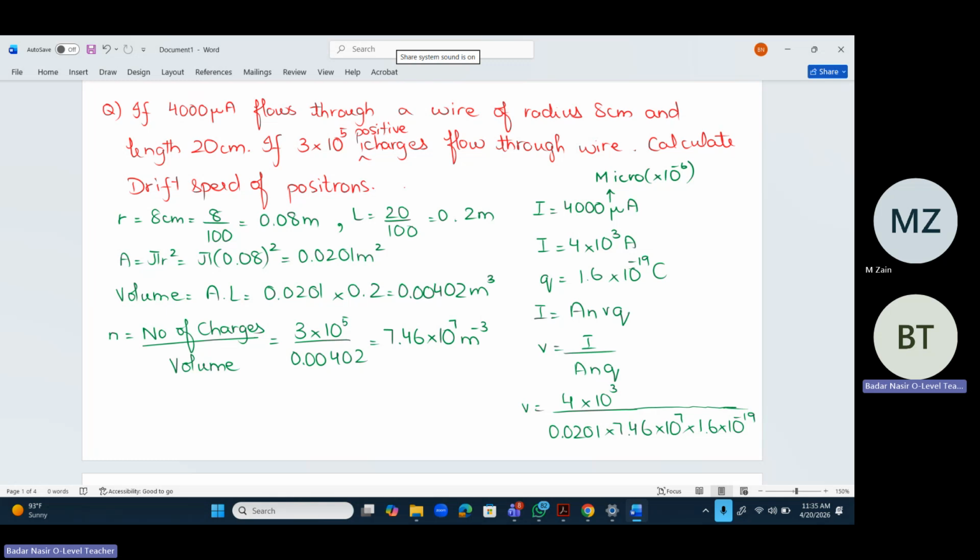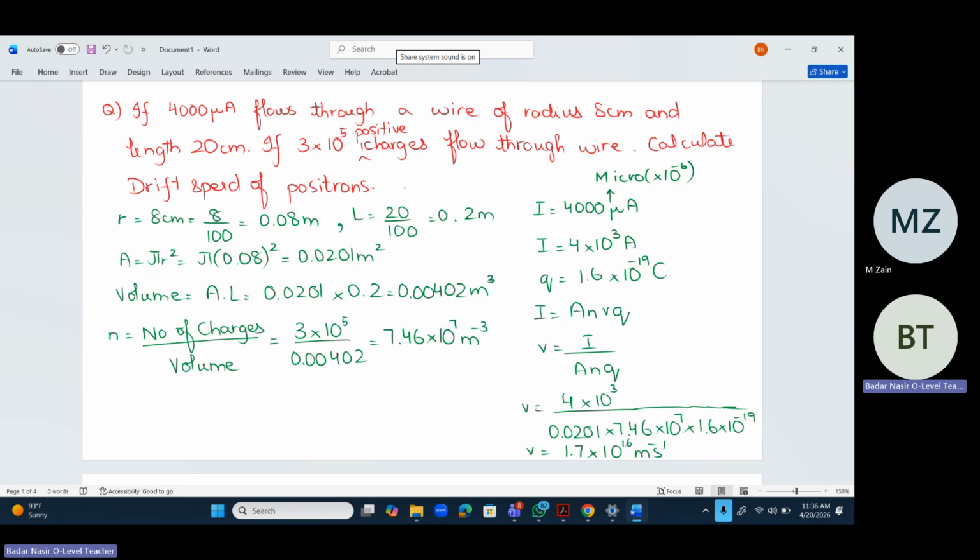So we get 1.7 times 10 to the power 16 meter per second. So this is how we calculate the drift speed.